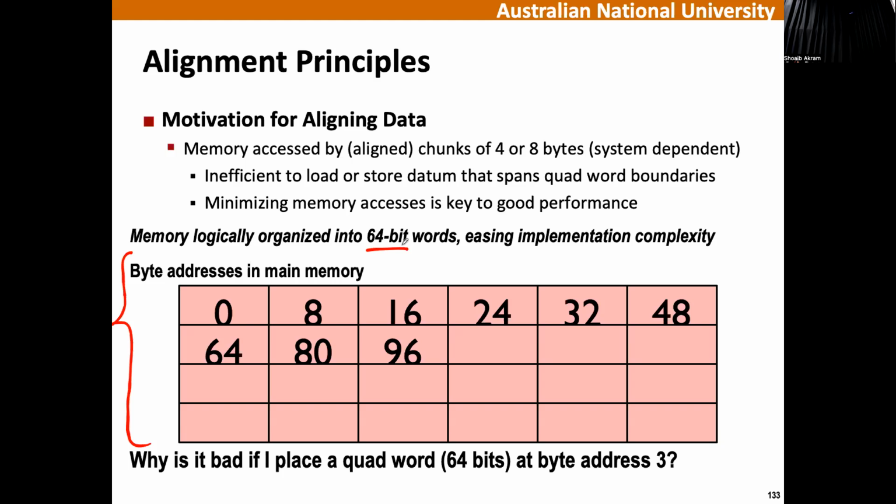So if I place my 64-bit word, these are byte addresses. Word addresses would be 0, 1, 2, 3, 4, 5. If I place a 64-bit word at byte address 3, what is the problem?